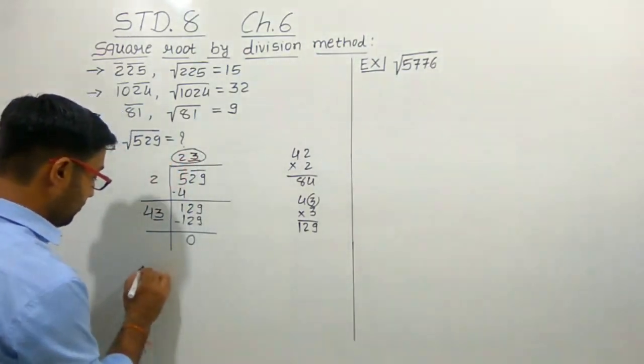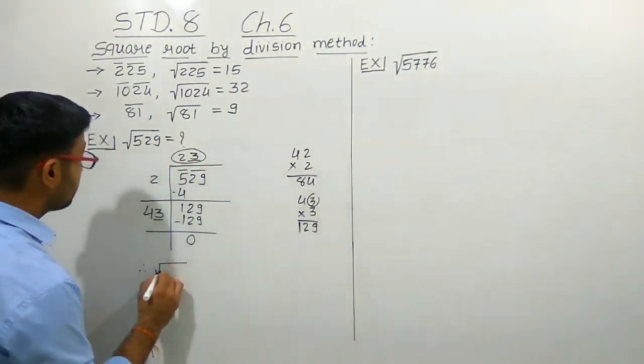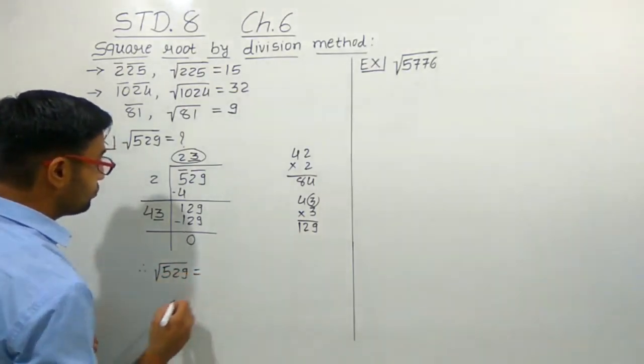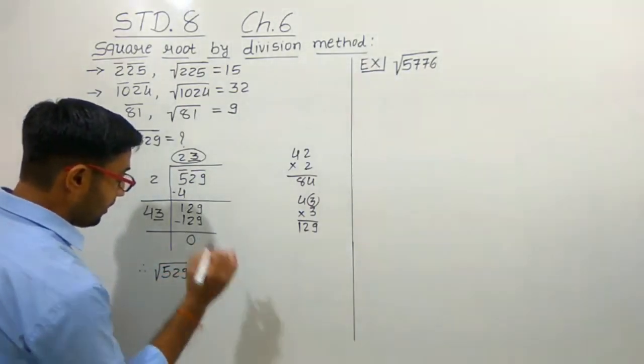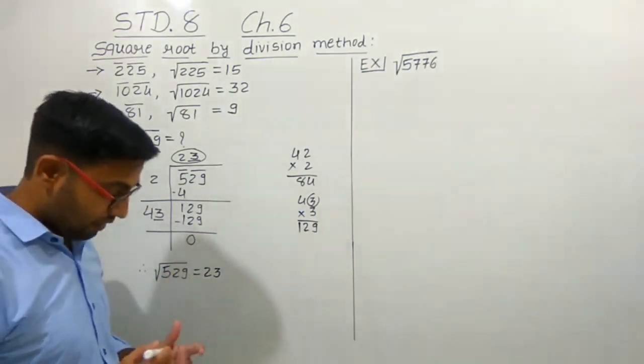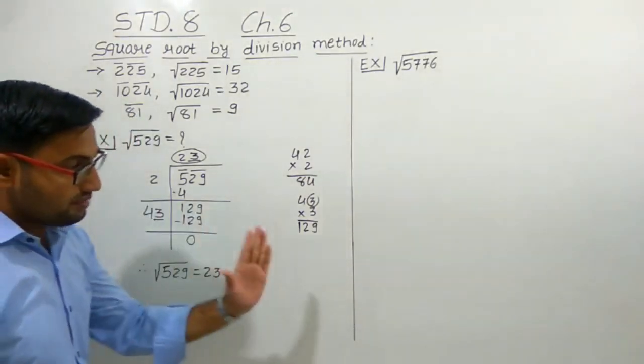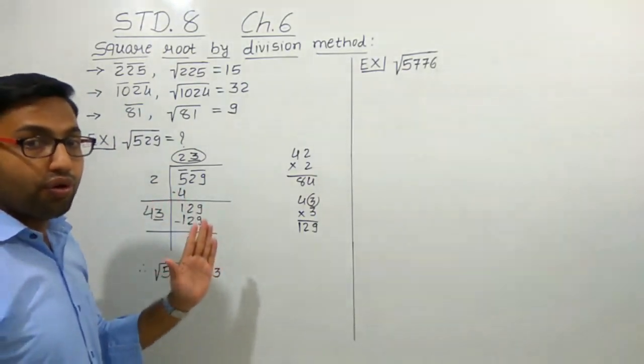So here we can write that the square root of 529 is equal to 23. Right? Understand?